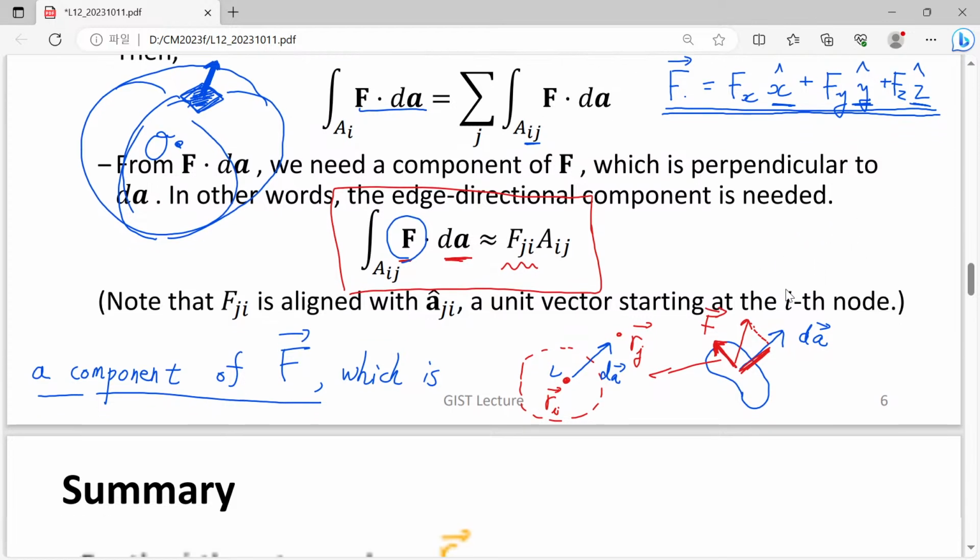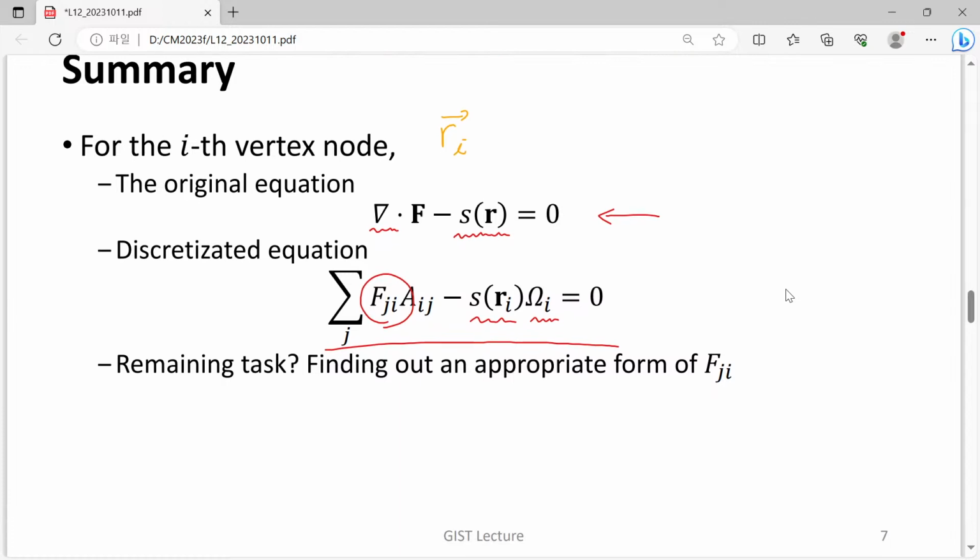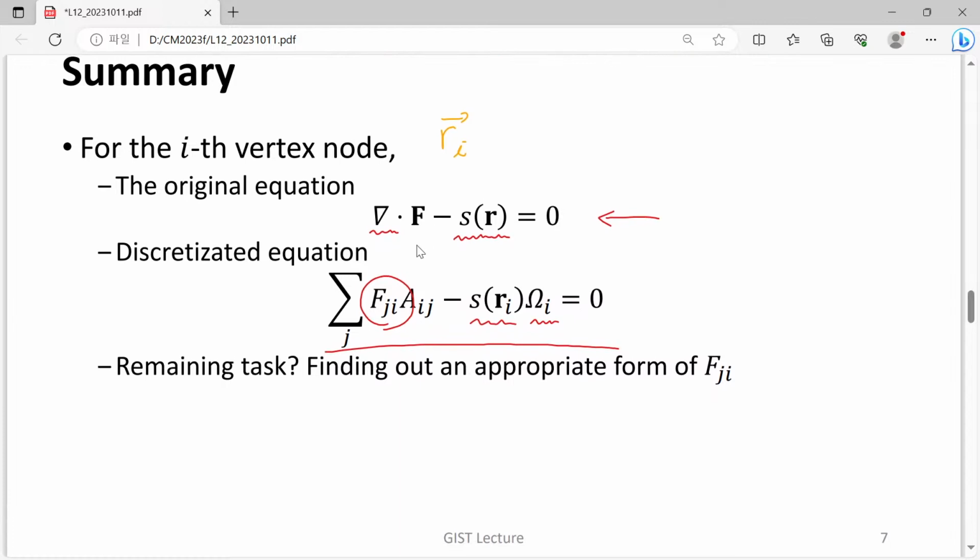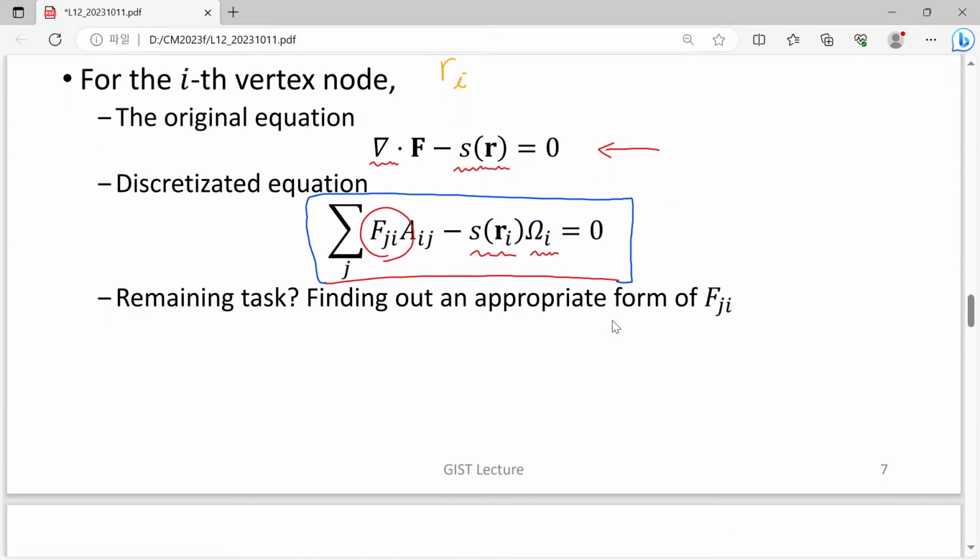Okay. Now let's go to my summary slide once again. So that's it. We have this quite general discretized equation from the general original equation. Then this one is just given from our equation. Omega sub I, the volume of a box, is also given from our given mesh point.